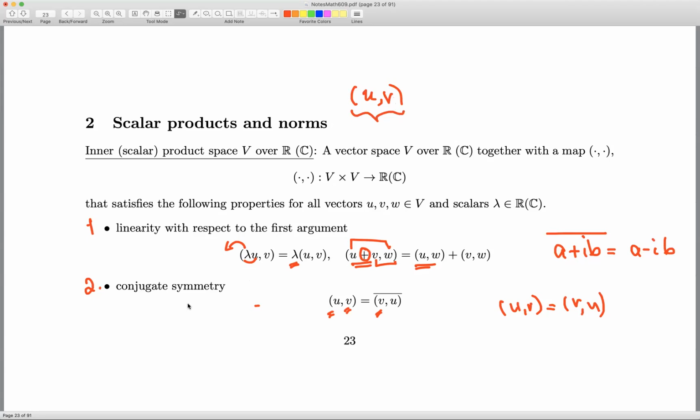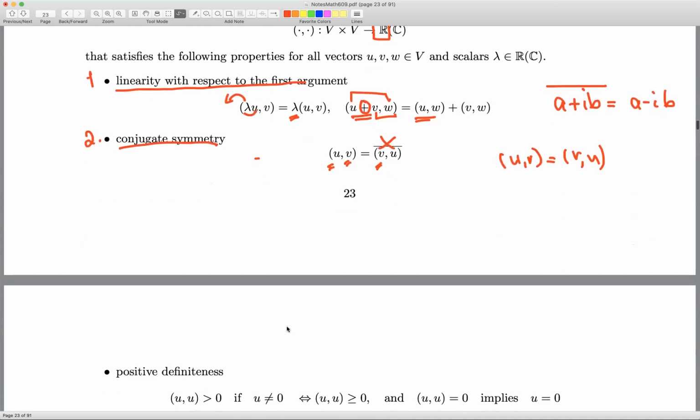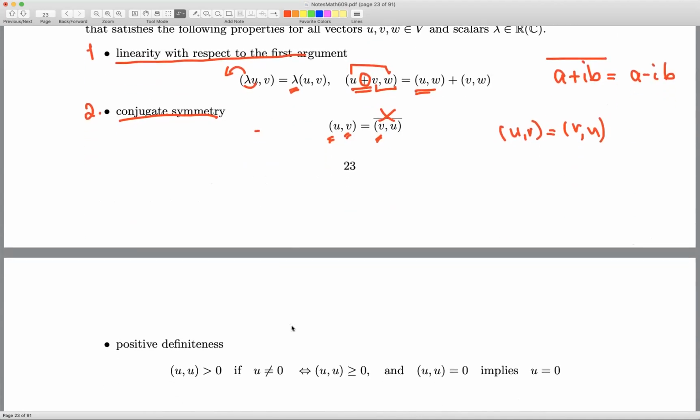And the third property. The first property was linearity with respect to the first argument. The second property was conjugate symmetry, which, if it maps into the real numbers, we forget about the complex conjugation and then we have a symmetry. And the third condition is positive definiteness. What does it mean?